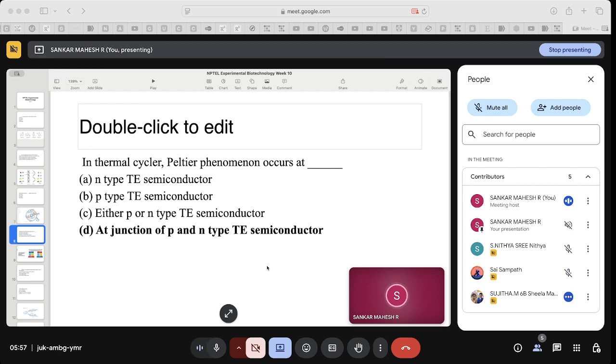Right. So what will be the temperature approximately there? Yes. 95 is sufficient. Yeah. Right. Right. What is annealing?